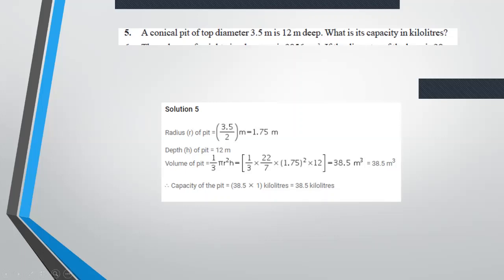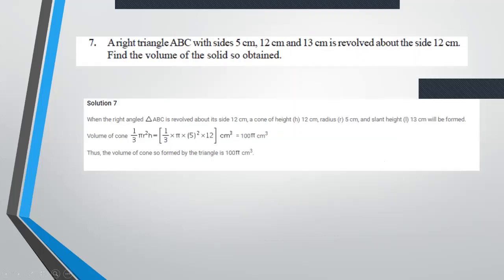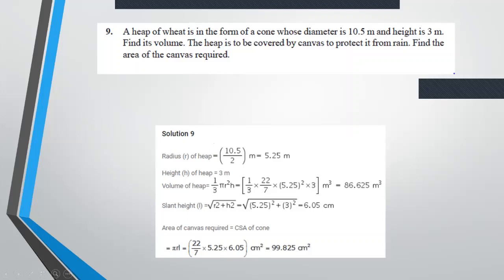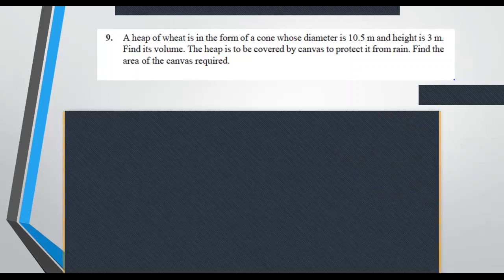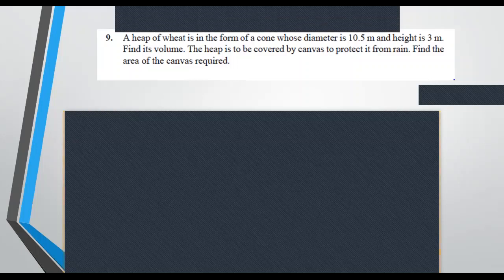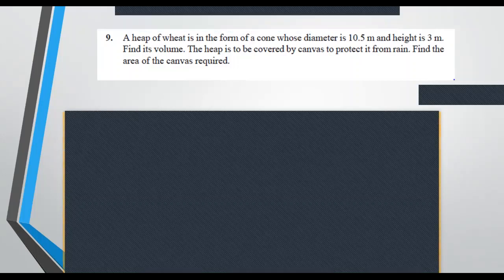Done? Shall I proceed to the next one? Yes, surely. Now, try to understand it. A heap of wheat. Wheat means it's all done and they have taken it out from the field. So they are storing it.